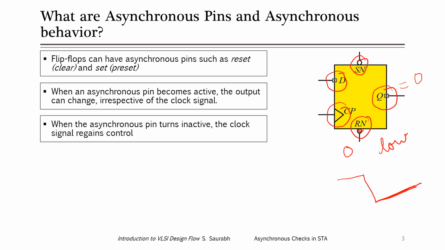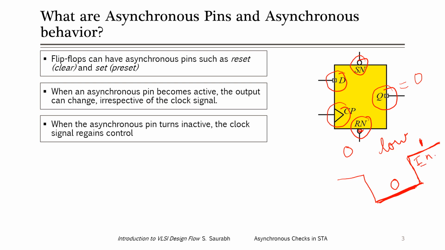Now, when the asynchronous pin turns inactive, because RN is negative active, after some time after resetting, this pin may go back to the state 1, meaning that it becomes inactive. So this is the inactive phase.